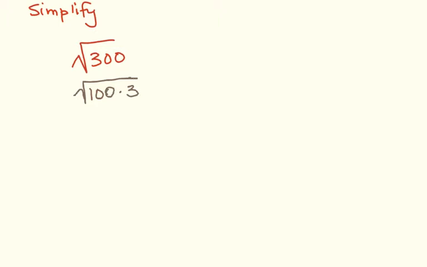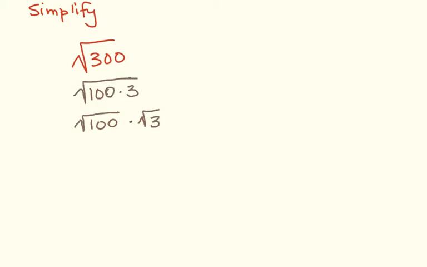So we can rewrite the square root of 300 as the square root of the product 100 times 3. And now that product rule is going to come in handy because it's going to tell us that we can rewrite this expression like this.